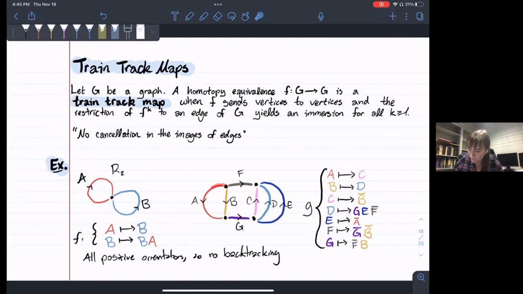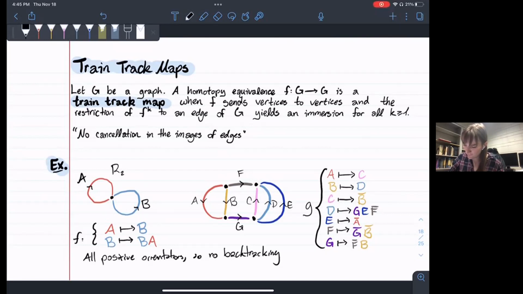So maybe A would go to C. So this oriented edge would go to this oriented edge, and B would go to D. So that I get a map from this pair of oriented edges on the left to this oriented pair of edges on the right. And I can sort of iterate that process.